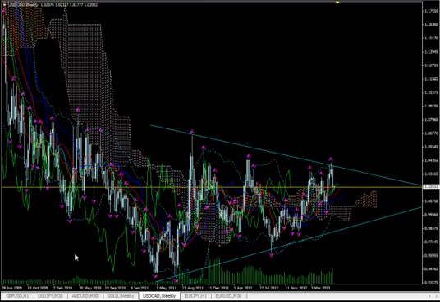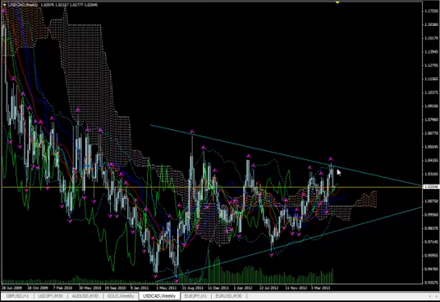Okay, so we see that the price, since early May, late April of 2011, has been moving in a consolidation mode, going up and down within a narrow zone which can be defined by this triangle.